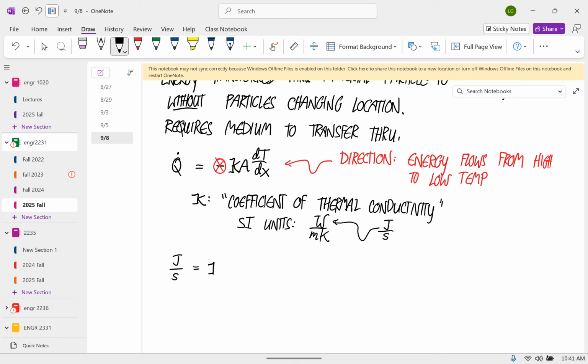We're trying to figure out the units for kappa. Area is meters squared. And the derivative of temperature with respect to x is units of Kelvin per meter.